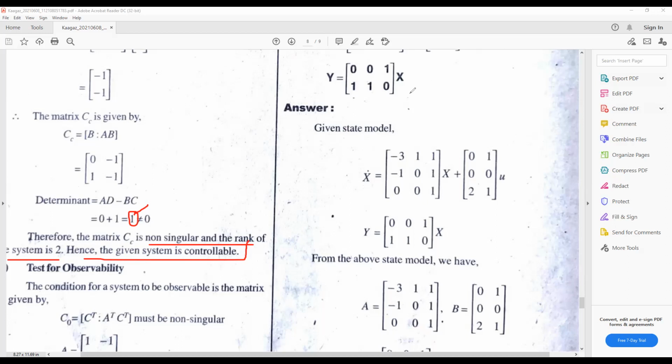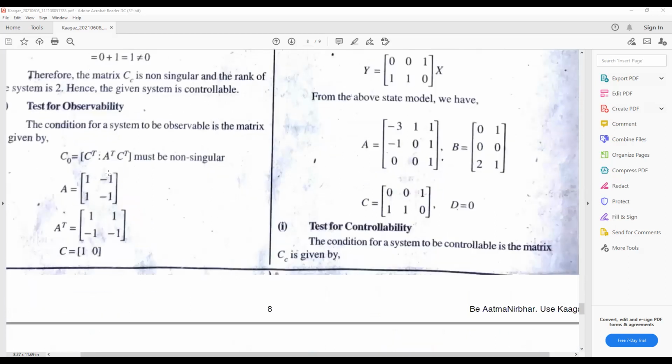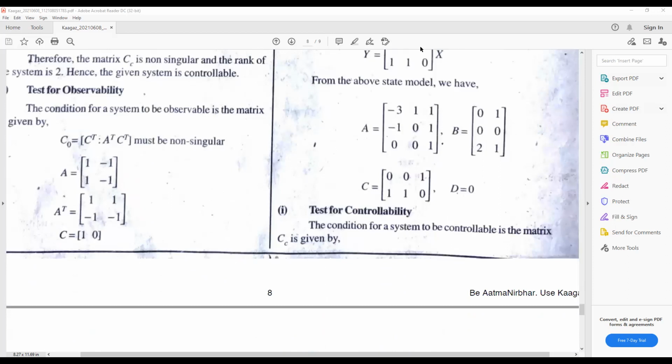Next, test for observability. What is the formula for observability? The condition is the matrix C transpose, A transpose into C transpose. A matrix is 1 minus 1, 1 minus 1. A transpose is 1, 1 in the first row, minus 1, minus 1 in the second row. C matrix is 1, 0.